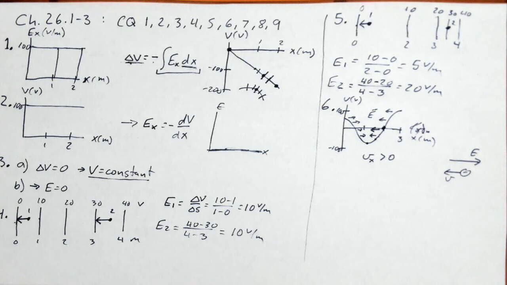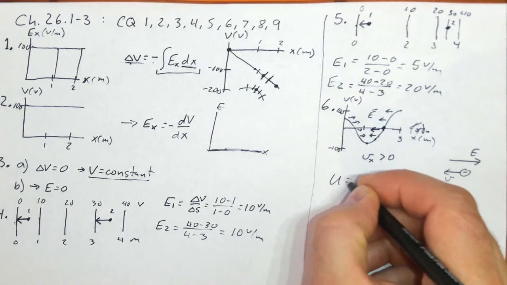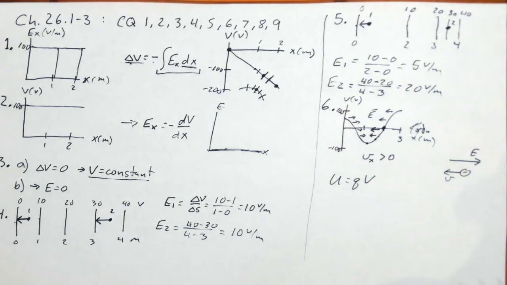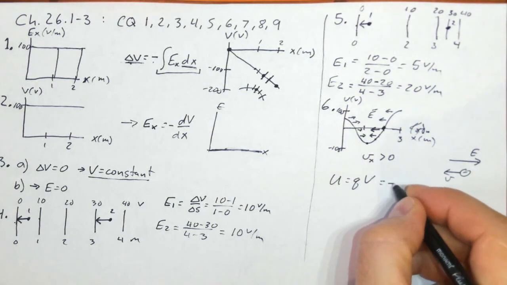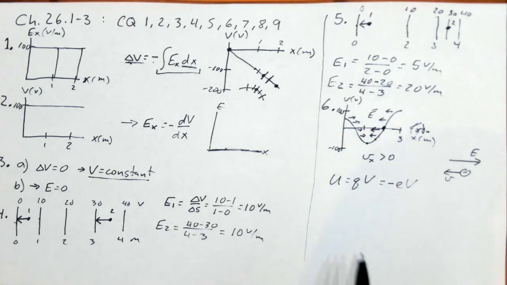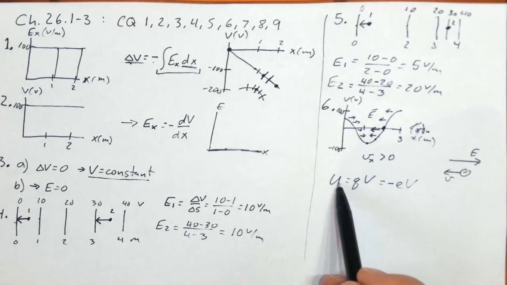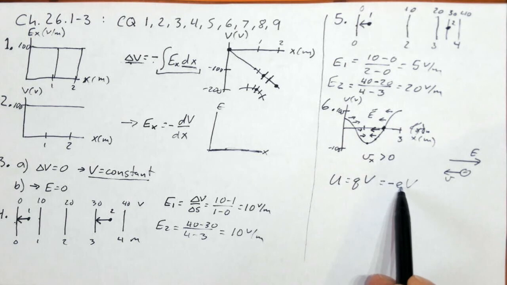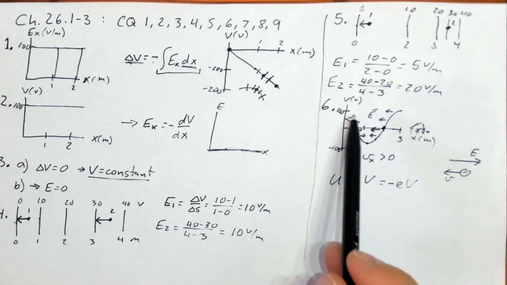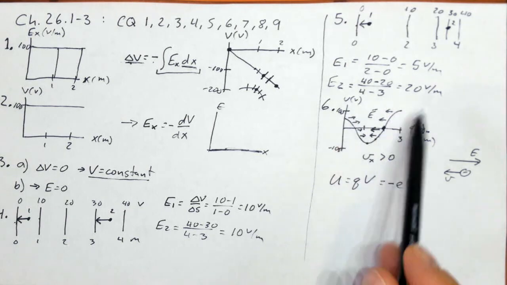Another way is to think about potential energy. Remember that potential energy is QV, and we have an electron that's negative e V. And so our potential energy curve will be scaled by the charge of an electron, but we could basically say it's going to be the inverse of this.